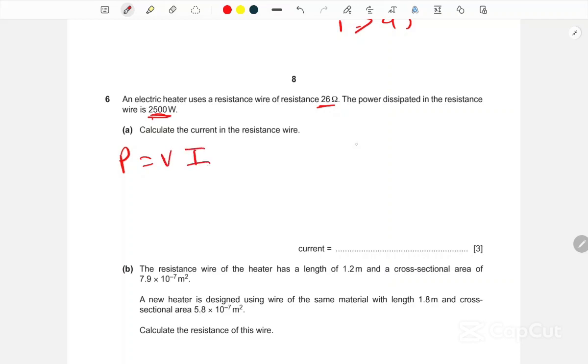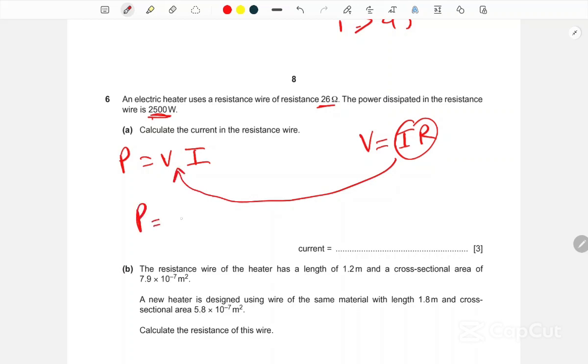And we also have resistance, so we know that V equals IR. So now we put this in place of V. So P is going to be I times IR. So the power is going to be I squared R.